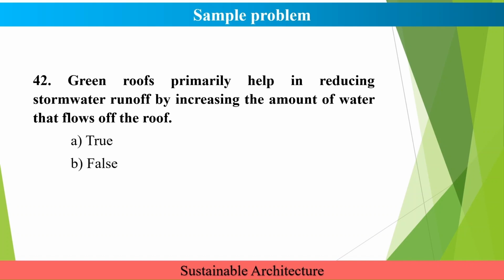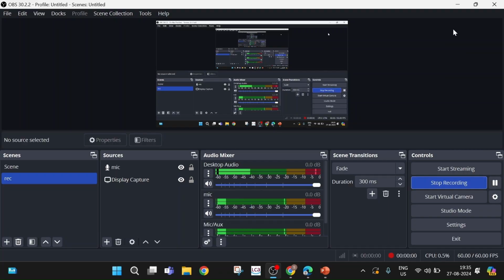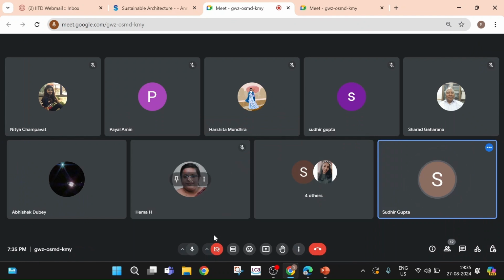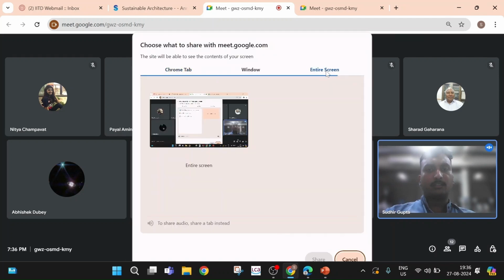So let's move to the next question, question number 43. Here is question number 43 for all of you. Is it visible? I think there was some network issue. Let's go to the question again. Let me share my screen again.